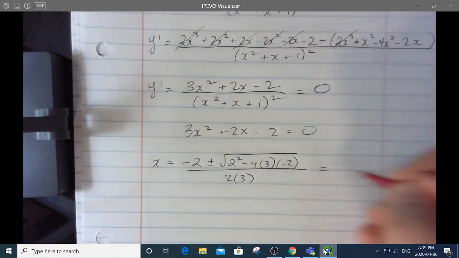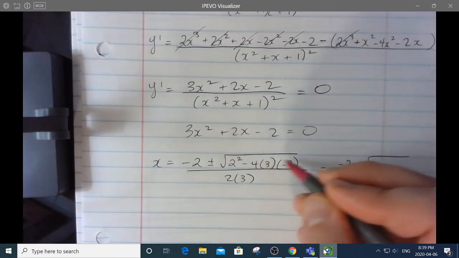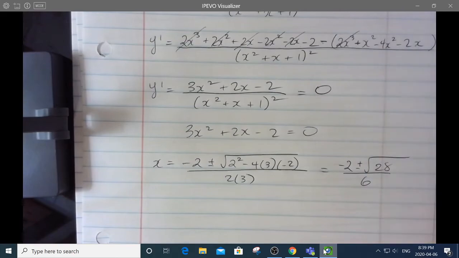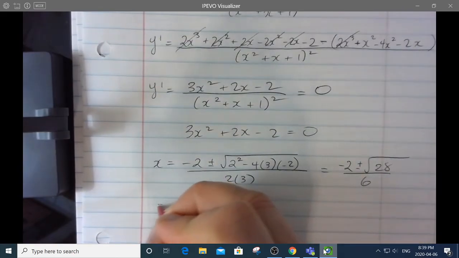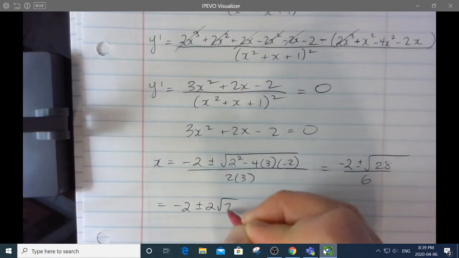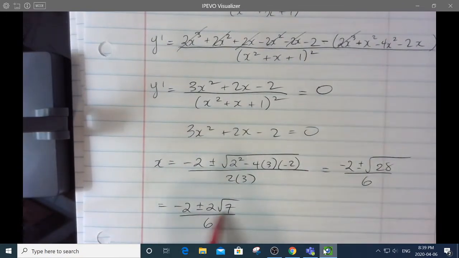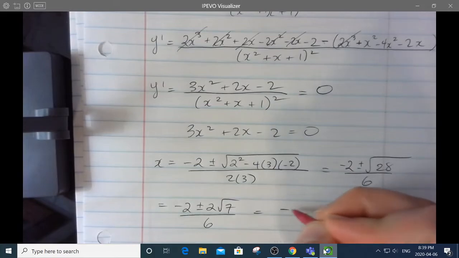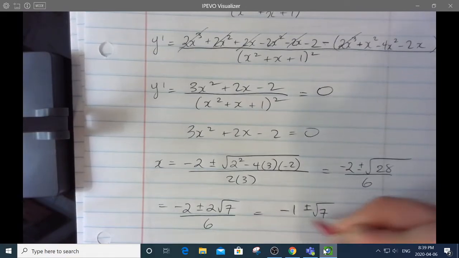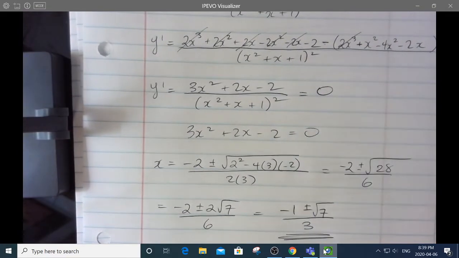Let's simplify that: -2 plus or minus the square root of 24 plus 4, which is 28, over 6. 28 has a perfect square in it, a 4, so let's take the 4 out, which becomes a 2. Then we can factor a 2 out of the top, cancel it in the bottom, and there's the final answer for the two x coordinates. Notice there are two numbers because it's plus or minus. It's -1 plus or minus root 7 over 3.